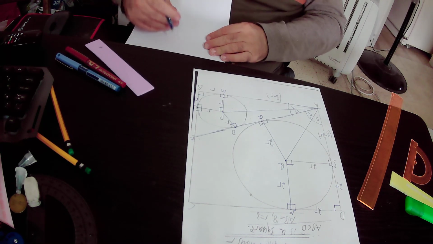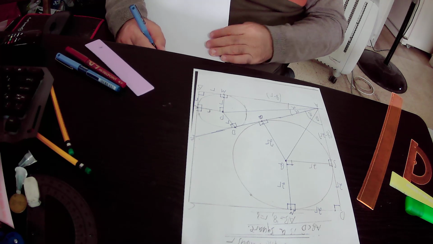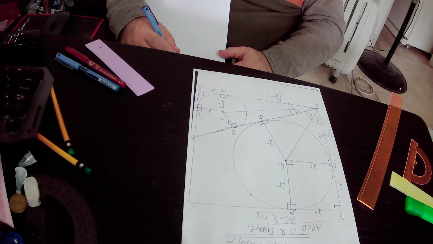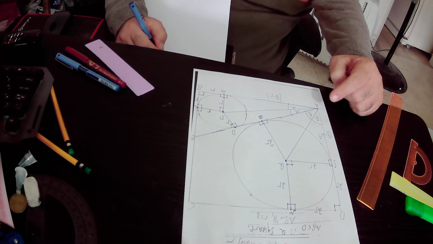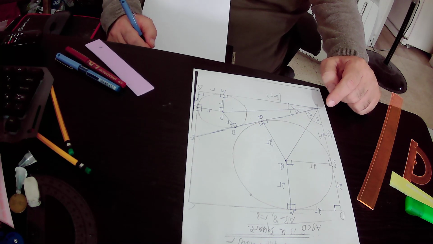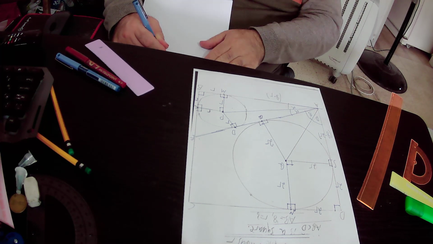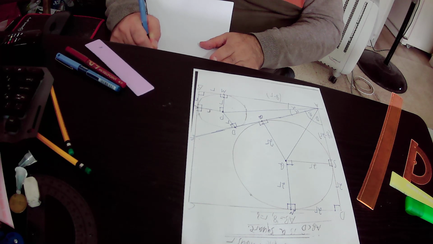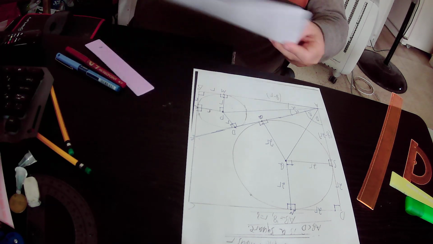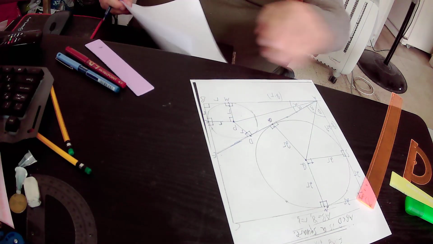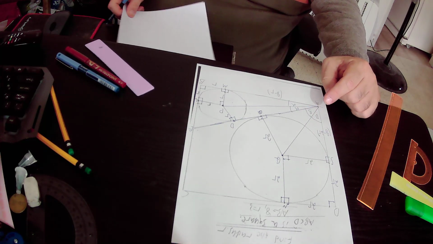Okay, so actually we know that angle BAD is one of the four angles of square ABCD. Therefore, it must be equal to 90 degrees because all the angles of a square are equal to 90 degrees. But angle BAD consists of four angles.